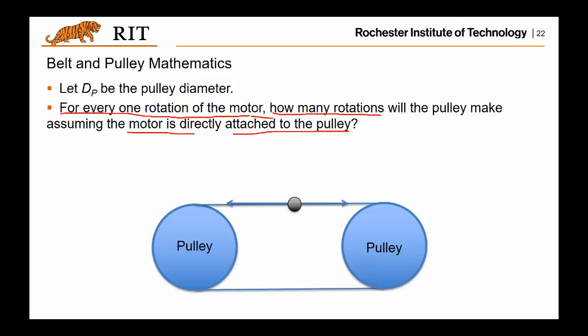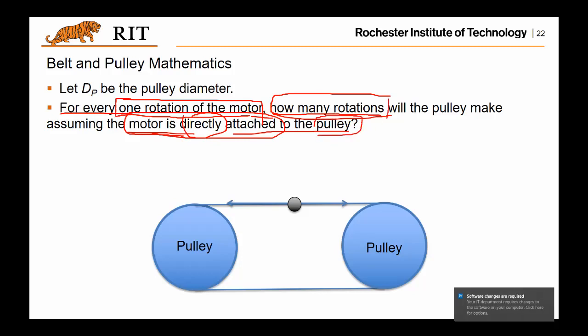That means there's no gear, so one rotation of the motor gives one rotation of the pulley as well. So that's how it works.